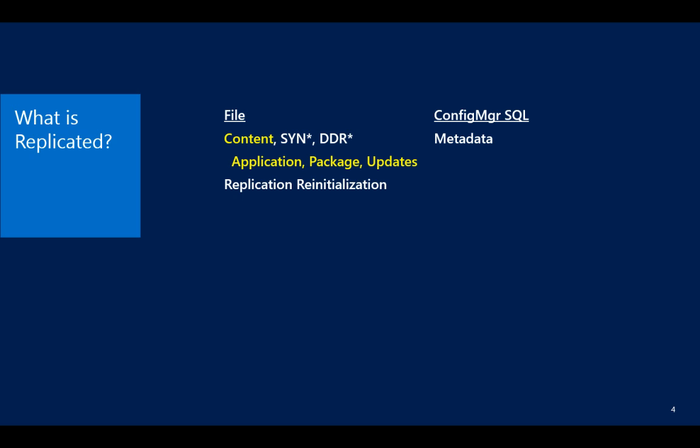The difference is, since we're talking primarily about content in Configuration Manager 2012, you can kind of think of replication as being that mechanism that gets the content from one site to another and ultimately to a distribution point on that child site. While that's really not exactly true, all we're really trying to do is get the files from one site to another. It kind of holds in 2012 because really most of the content that we're going to replicate is going to be destined for a distribution point.